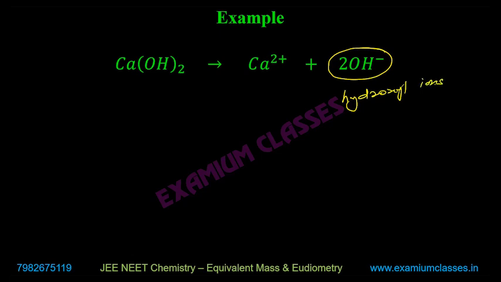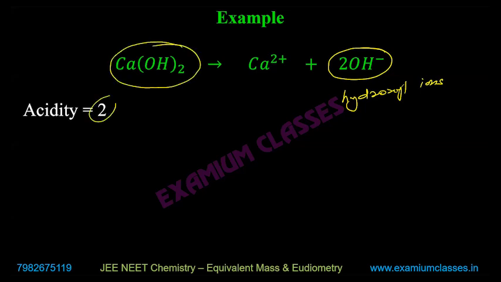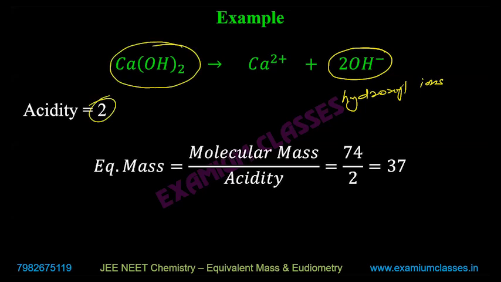It means its acidity is 2. So you will divide the molecular mass of calcium hydroxide by 2 to get equivalent mass. Molecular mass is 74, as 40 plus twice of 16 plus 1, divided by 2, that is 37.